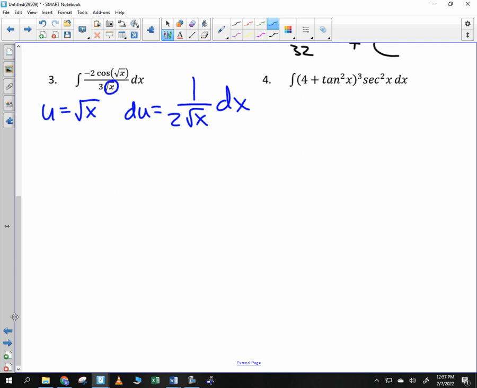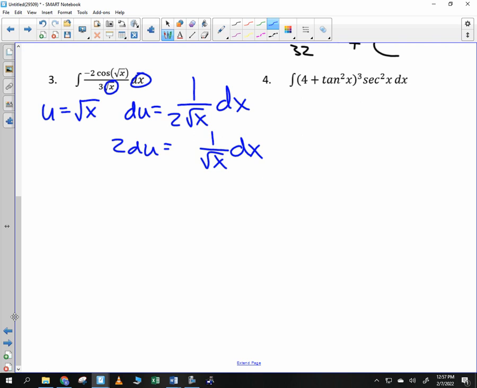Okay, so I have 1 over 2 roots of x dx. I have a dx. I have a root of x, but I don't have negative 2 over 3. So anybody see what we should do then? Let's start basic. How do we get rid of a half? Good. So 2 du is equal to 1 over the root of x dx. I don't have 1 over the root of x.